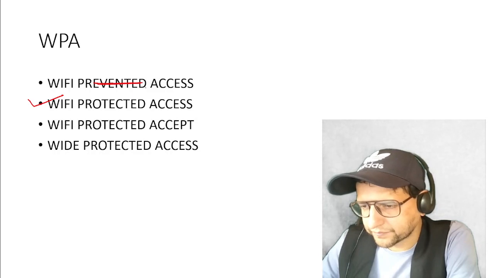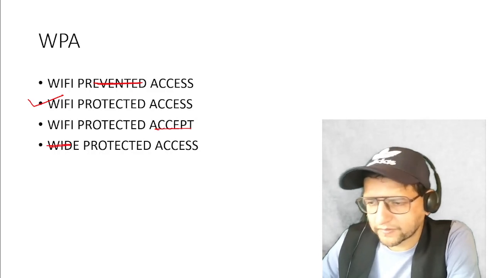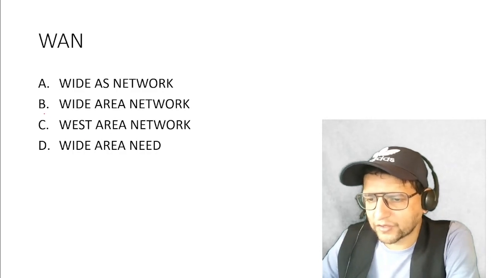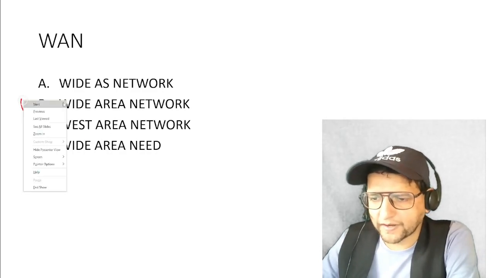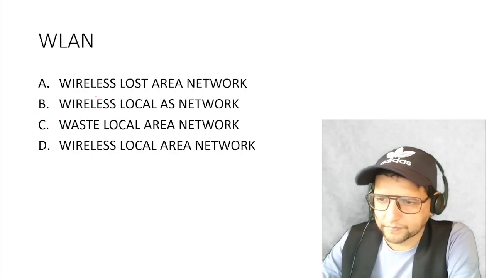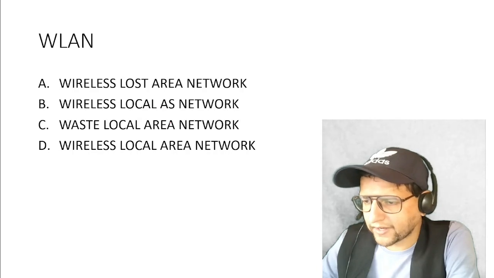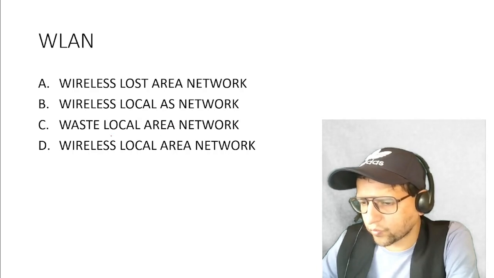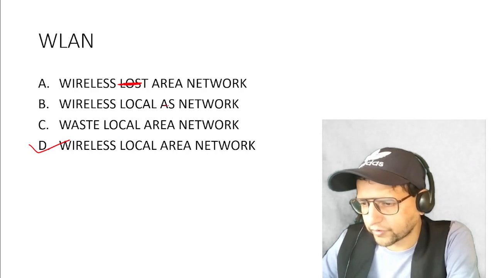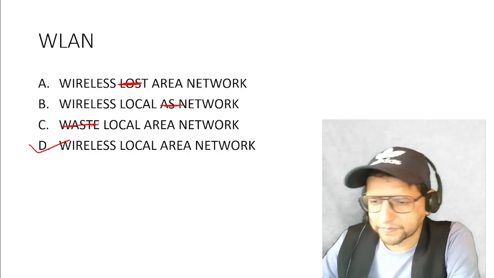Not prevented, not accept, not wide. WAN is your wide area network. Not west, not need. WLAN is your wireless local area network. Okay, this is the one. Not lost, not waste.